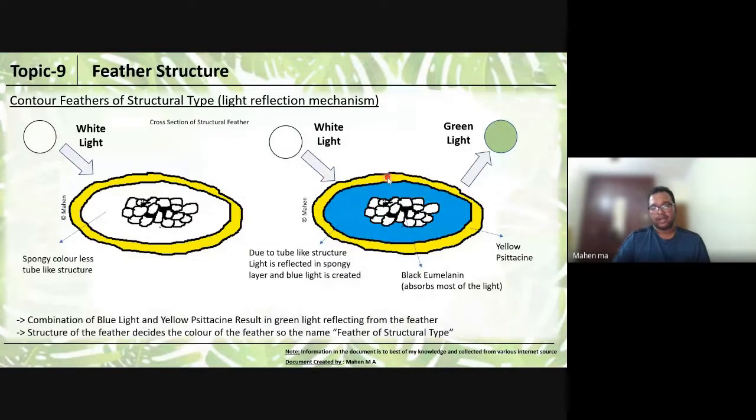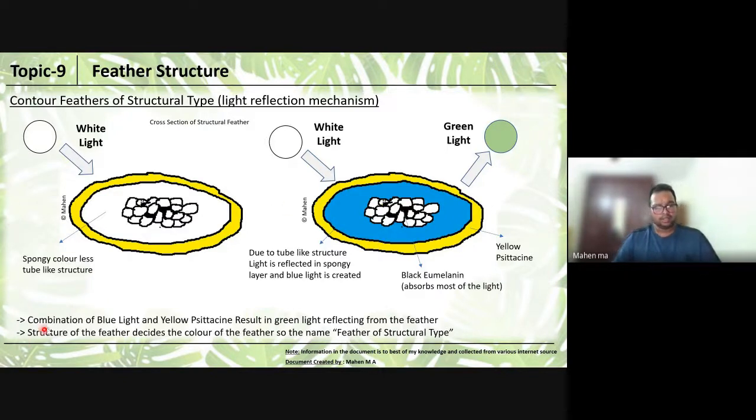When you combine yellow light and blue light, we get green light, so we see only green. This is how a green feather looks when light is falling onto it.